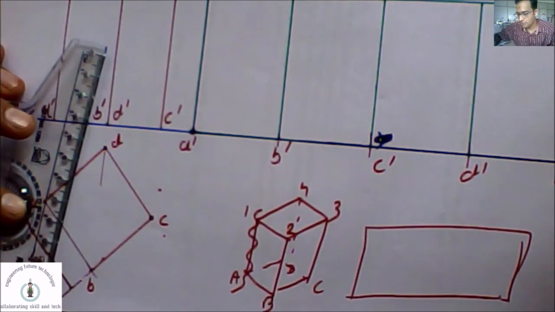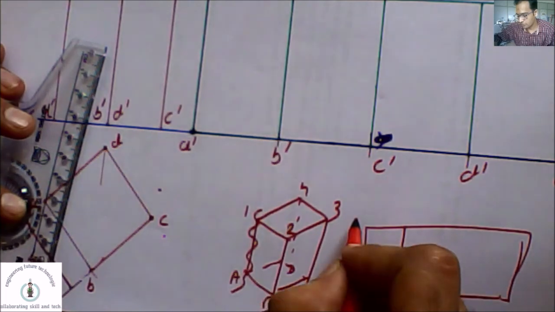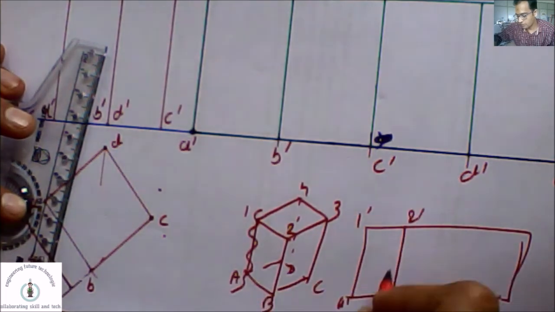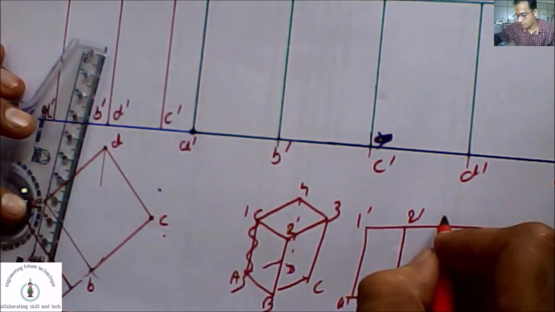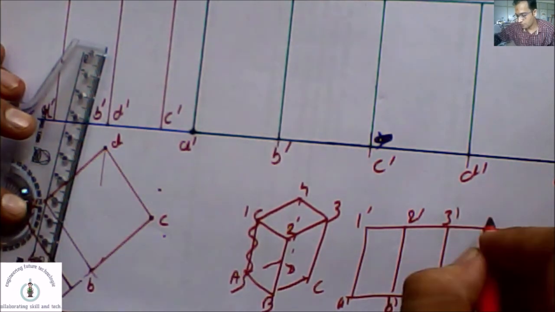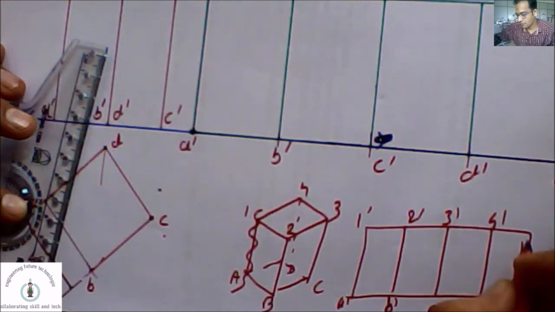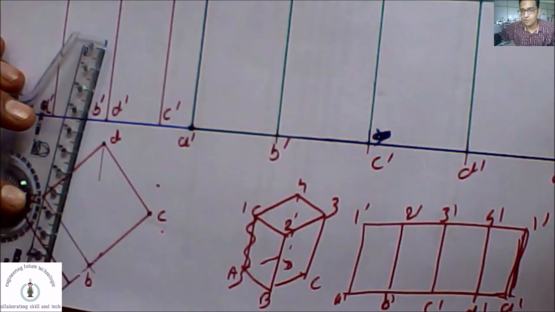It is going to look in same manner. So this one is going to be 1 dash A dash, this one is going to be 2 dash B dash, here you are going to have C dash 3 dash, here you are going to have D dash 4 dash, and again from where we had cut it, that edge will come again in our observation. So it is 1 dash A dash.